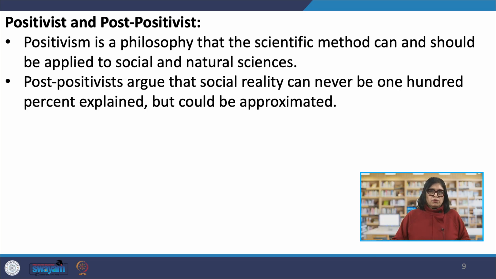Quantitative research is rooted in positivist philosophy, which can be seen in the value it places on concepts such as causality, generalizability, and replicability. Conversely, post-positivists argue that social reality can never be 100% explained, but could be approximated.